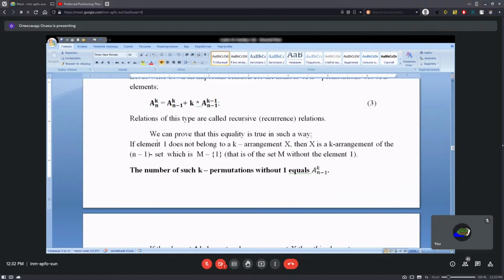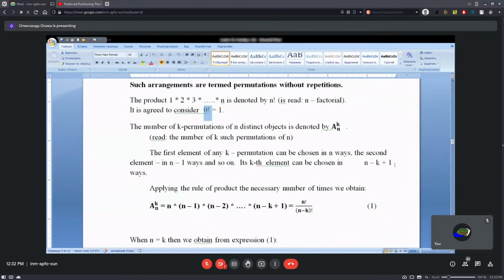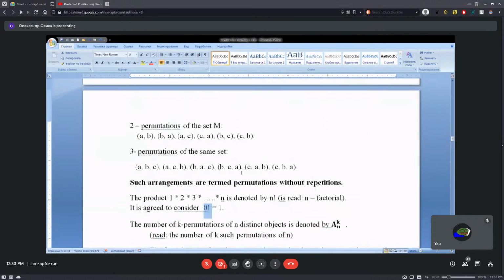So if element 1 does not belong to a k arrangement, well, let us see here.